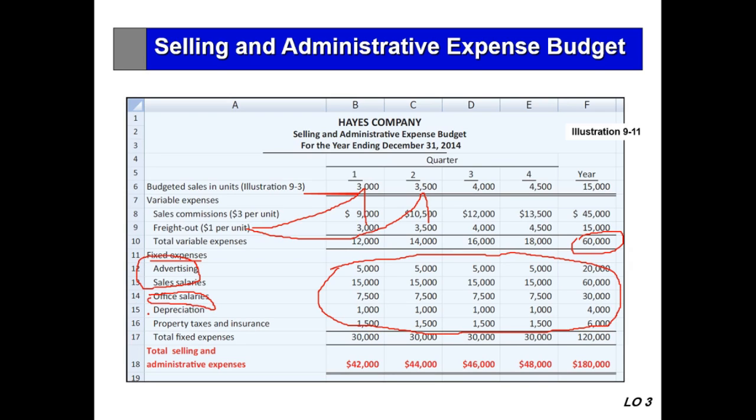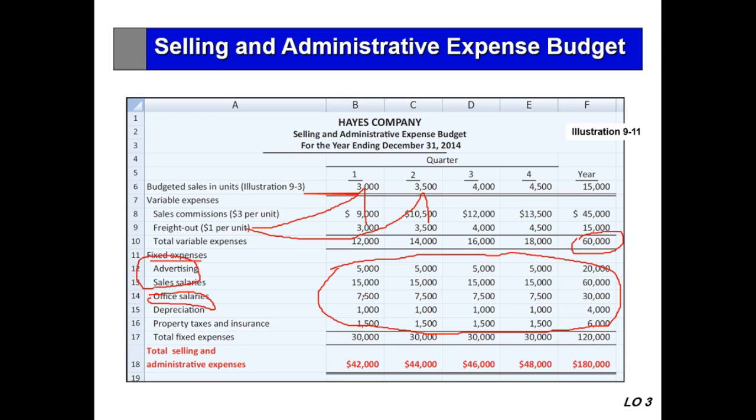Depreciation may be partly for selling and the other part for administrative. And property taxes and insurance, also part of the property tax and insurance expense may be for the selling department, and the other for the administrative departments.